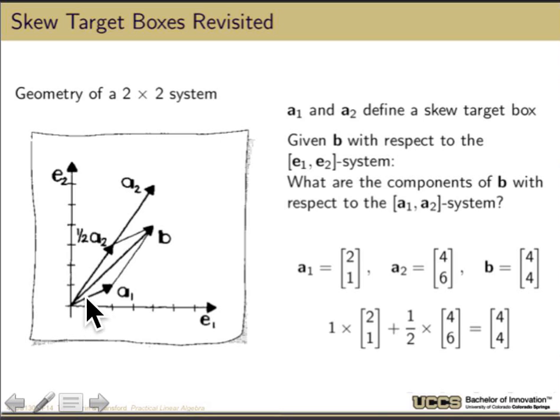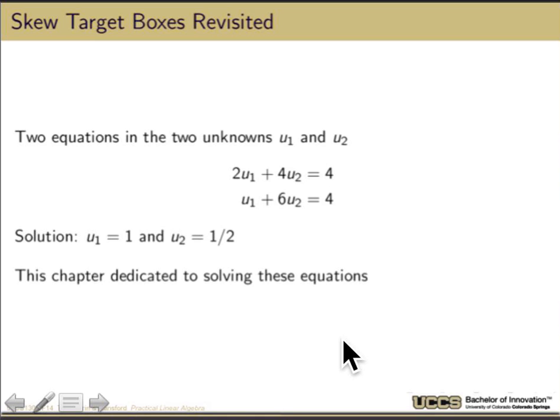If I go over A1, and then go up 1/2 of A2, 1/2 of this vector, I will end up at B. Therefore, the answer is 1 unit of A1 plus 1/2 unit of A2 is how I represent B. I can see that graphically, but we want a more formal, consistent computational approach to solving this. So to do that, we're going to look at it in a slightly different form.